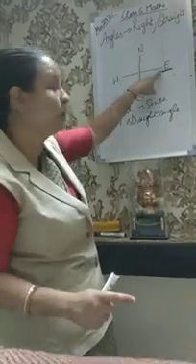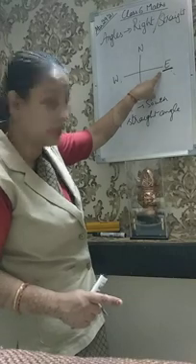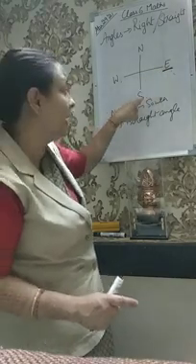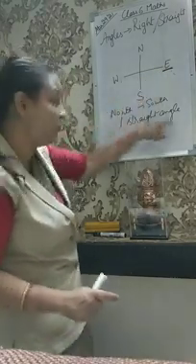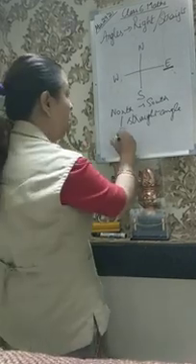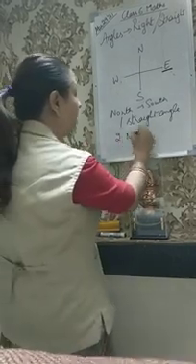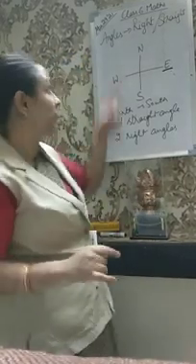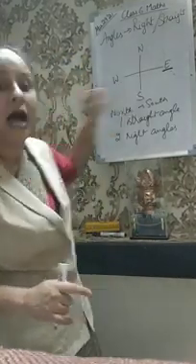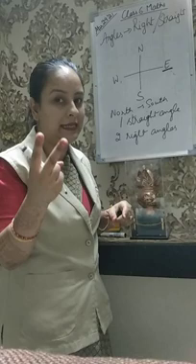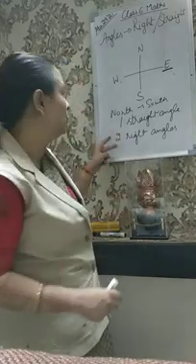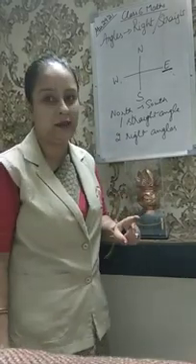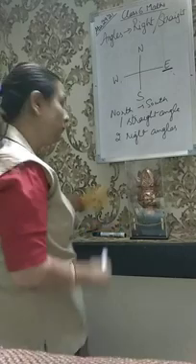From north, I moved one right angle, I reached east. When I moved another right angle, I reached south. So one straight angle I can say, or two right angles I can say. Understand? So when I moved from north to south, I moved two right angles or I moved one straight angle. Understand? Move next.